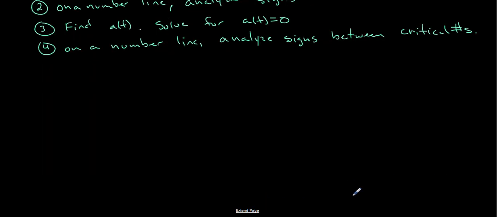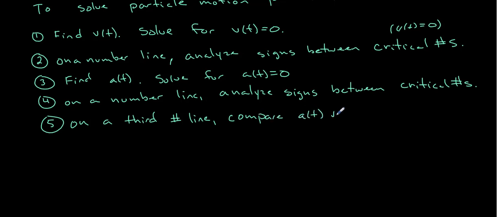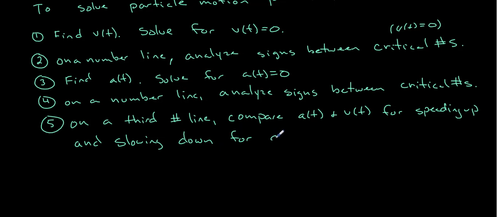Step 5. On a third number line, compare A of t and V of t for speeding up and slowing down for all critical numbers.